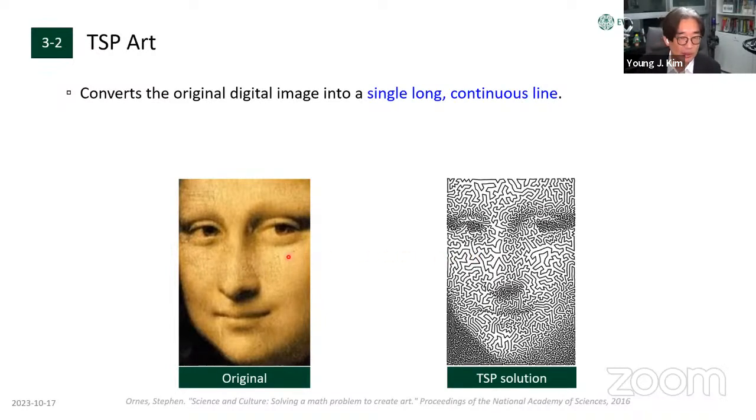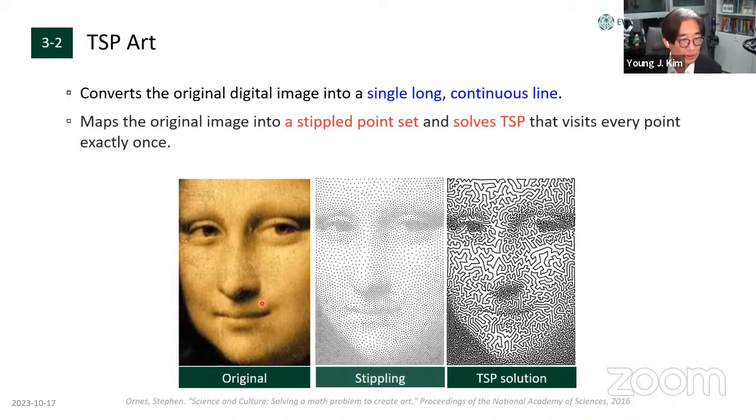And the way people typically generate this TSP art or TSP solution is that from the original input raster image, we estimate the density of each point by stippling, so that the density of the stippling points approximates the tonality of the original input.